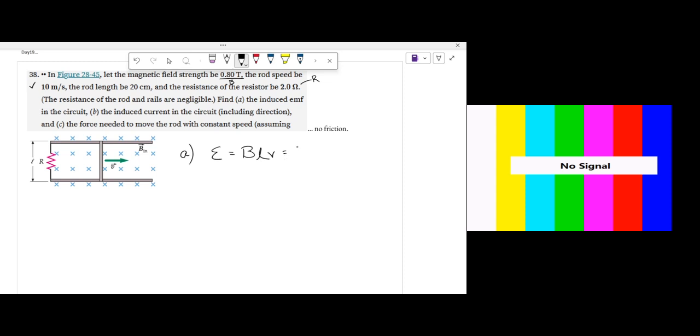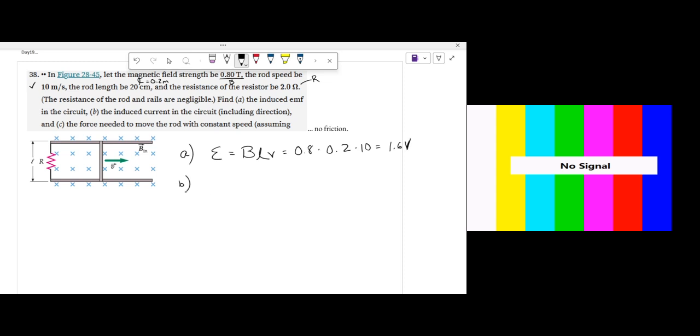So the induced EMF is 0.8 times 0.2. Sorry, here's the length right here, so L equals 0.2 meters. And we've got times 10, the velocity. This comes out to be equal to 1.6 volts.